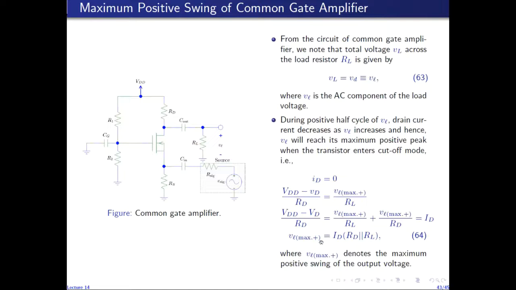And hence, we get the same maximum positive swing for the common gate amplifier as we did for the common source amplifier. So this is the maximum positive swing for the common gate amplifier. It depends upon ID, the DC component of drain current, the drain resistance, and the load resistance.